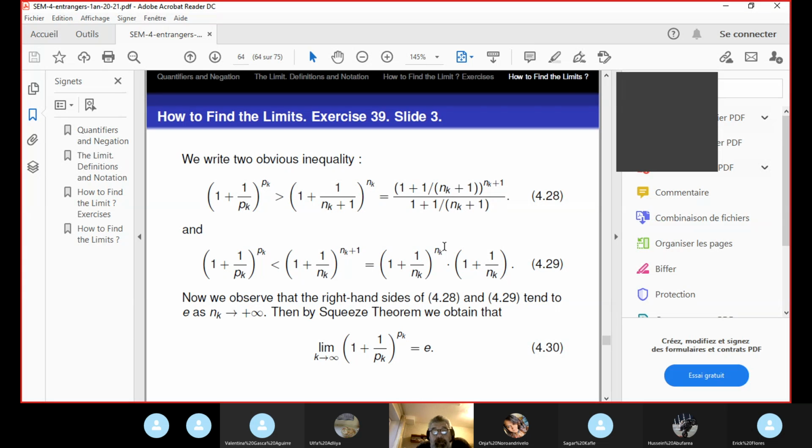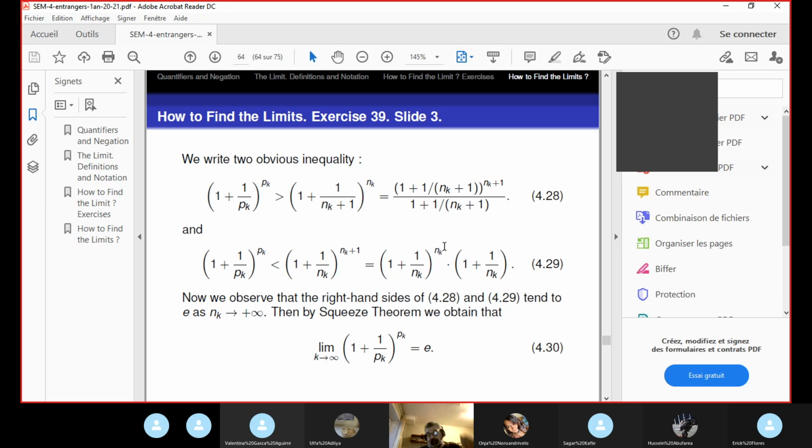So we take the denominator, the base, which is less than p sub k. You see? So it will be evident that the left-hand side will be less than the right-hand side. And moreover, I know that p sub k is less than n sub k plus 1. So I write the power n sub k plus 1.